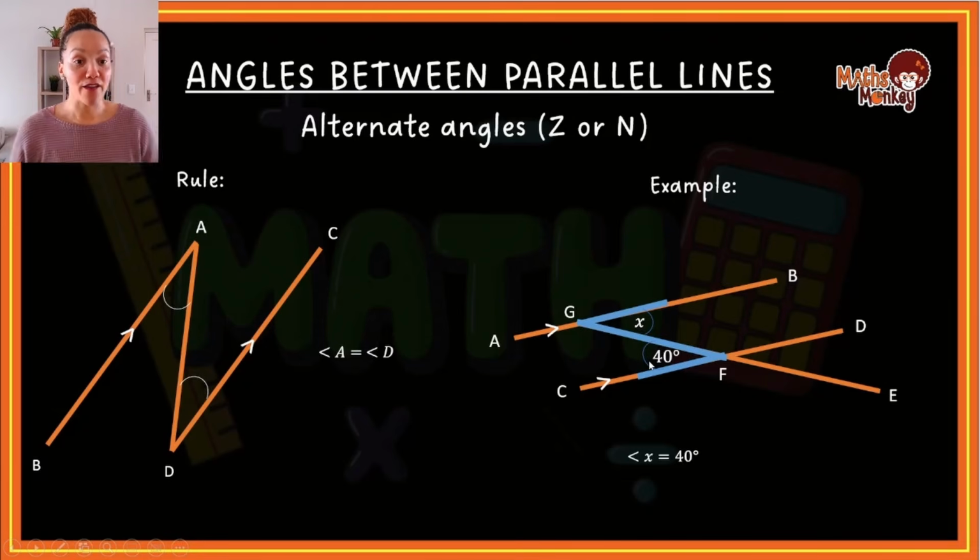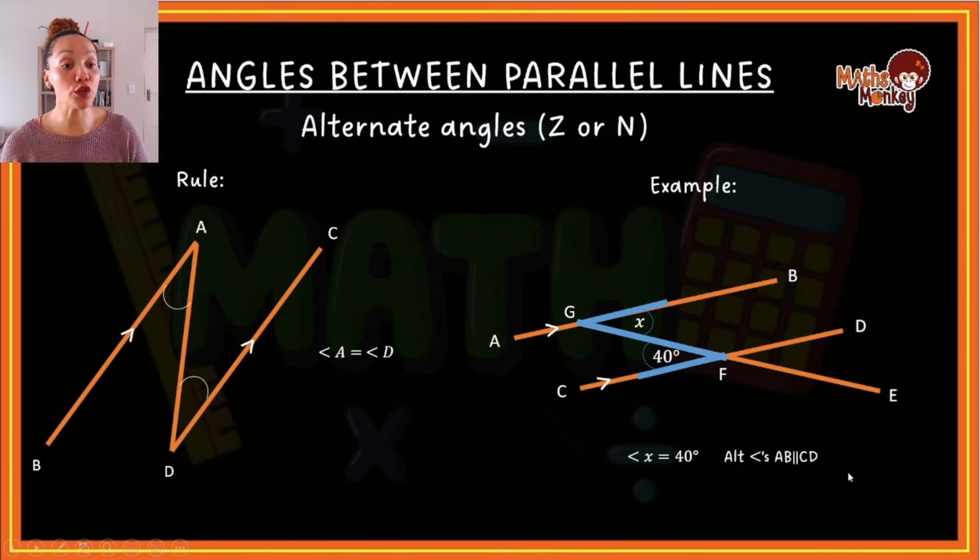And when we have x equal to 40, remember, this is my answer, but I have to give the reason. The reason will be written as follows. You'll say I used alternate angles to find this, and you have to show which lines you used as the parallel lines. So alternate angles, which shares the Z, and then you'll say which parallel lines made the Z: AB is parallel to CD.